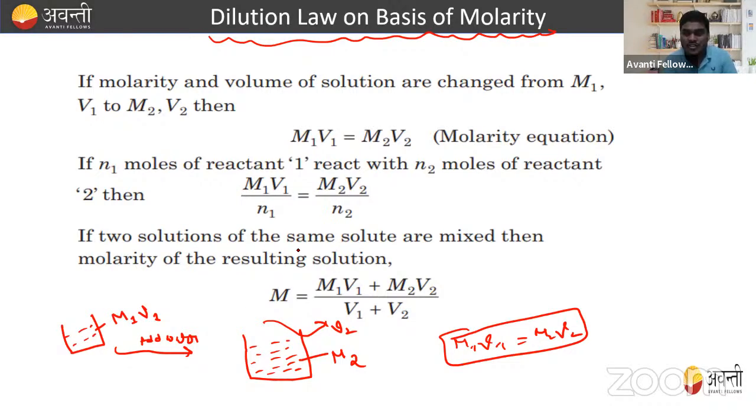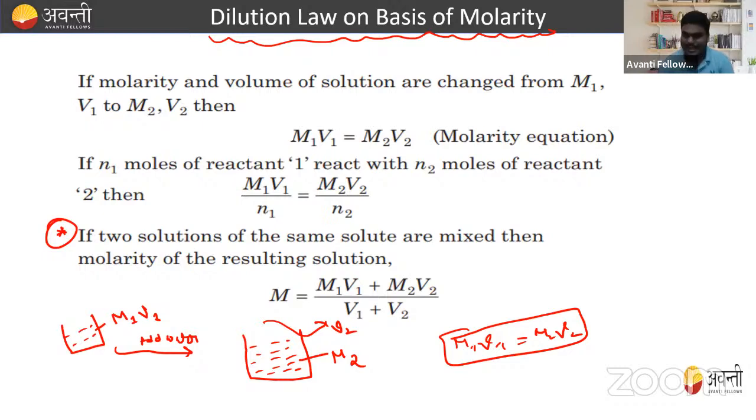And if solutions of the same solute are mixed, then the molarity of the resulting solution becomes capital M equals M1 V1 plus M2 V2 upon V1 plus V2. Just remember this, it is very important. So this is all about molarity.